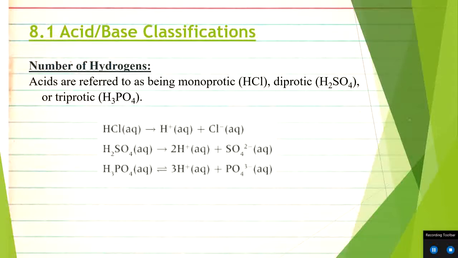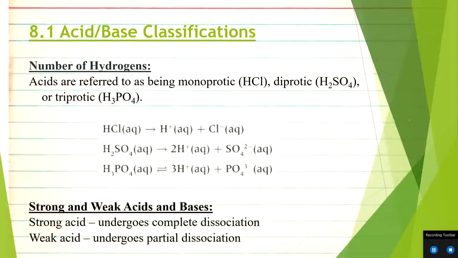It is important to note, though, that not all of the hydrogens are equal. For example, on sulfuric acid, it will very readily give away its first hydrogen, but it's a little more difficult for it to give away the second one. And those are properties we're going to look at when we study the more advanced section of acids and bases.